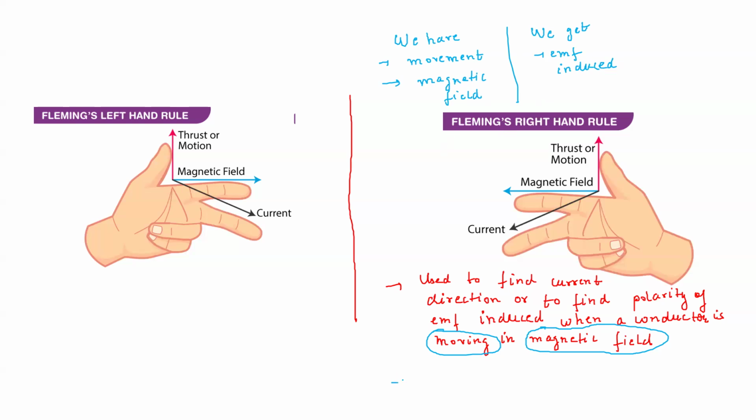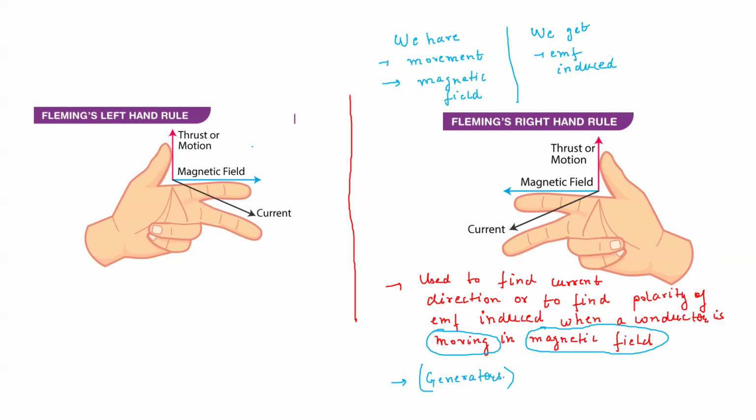This is applicable in generators, right? Because in generators, what do we do? We give the movement using the prime mover in the presence of the magnetic field, which is generally generated using a permanent magnet or some DC current carrying coils. So this can be extended to find the direction of EMF induced in generators.